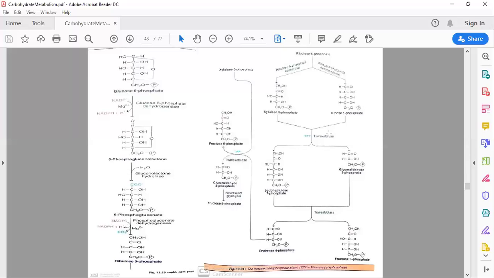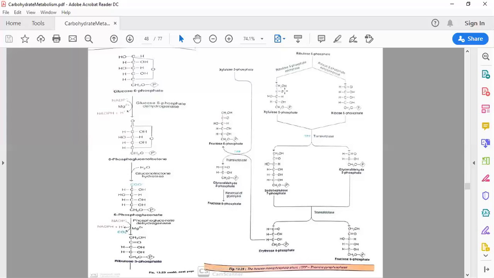Again, I am repeating, this is one of the important steps in the non-oxidative phase. The enzyme involved is transketolase, which catalyzes the transfer of a 2 carbon moiety from xylulose 5-phosphate.